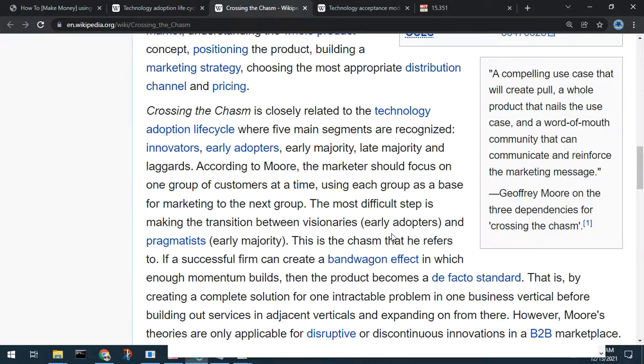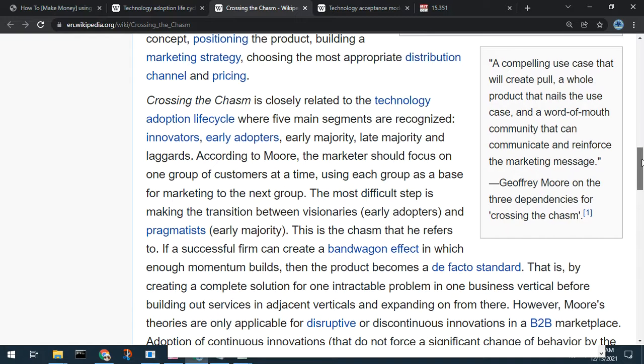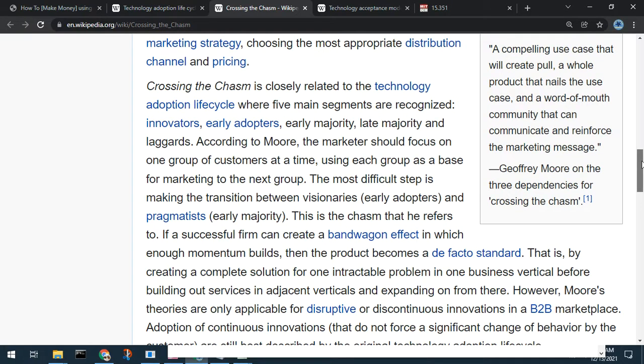So it's key that when we're evaluating a company, a product, a stock that's in these early phases, the early adoption phase or the innovator phase, are they going to be able to cross that chasm, or are they going to fail at that point?